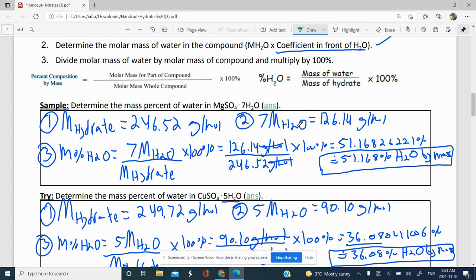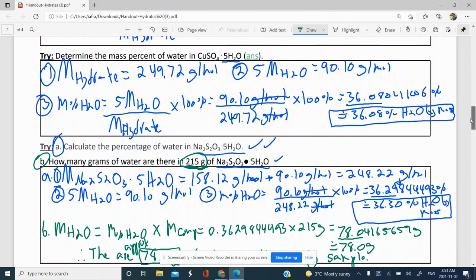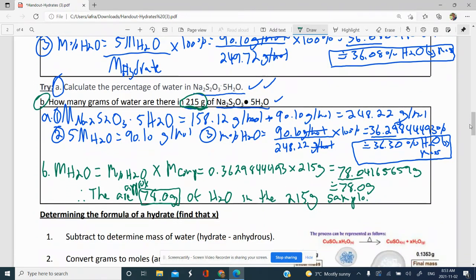If you want to, you can go further and you could say how much percent is hydrogen, oxygen, but we didn't. We just focused specifically on the water versus the ionic compound. And then we saw how to use our percent data to figure out the mass of water in a particular sample of a compound as well, using some mass data and molar mass data.